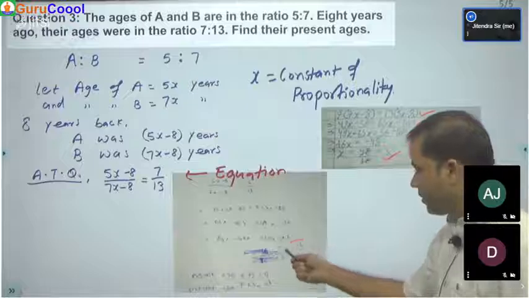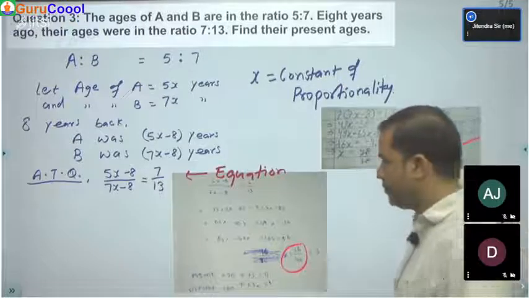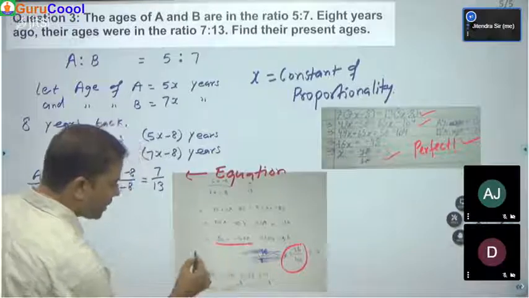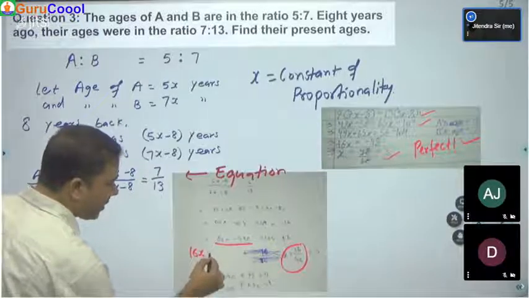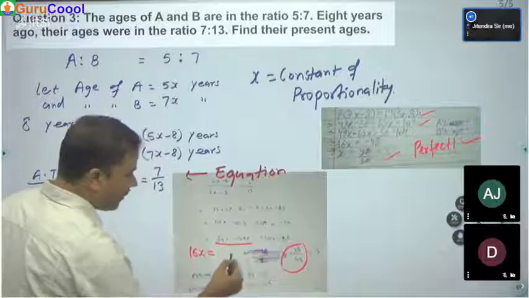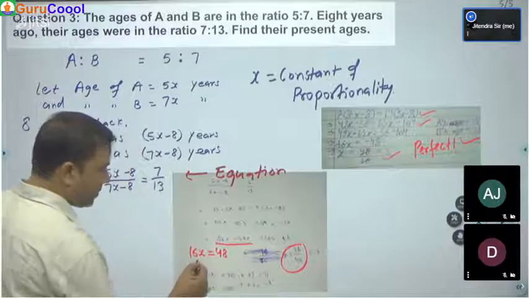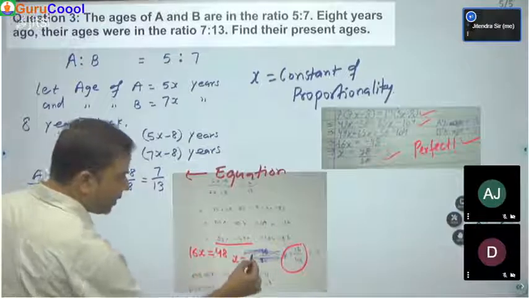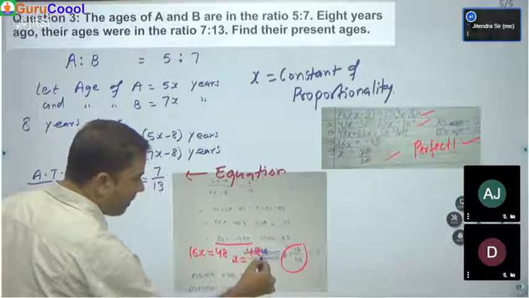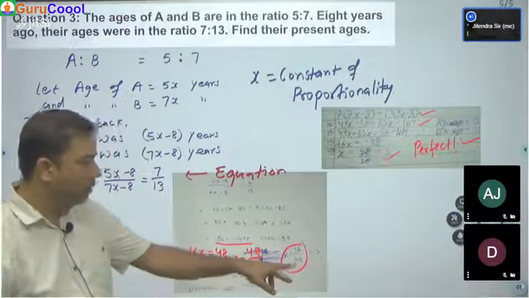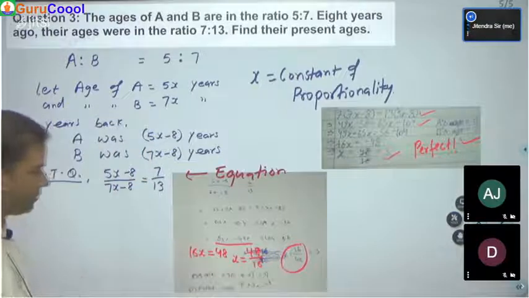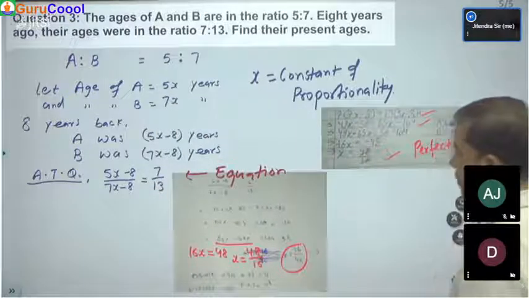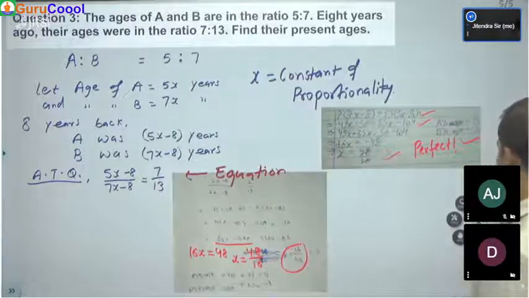David, your presentation is not correct here. You have not written after subtraction: 65x minus 49x is 16x, and 104 minus 56 is 48. You did not write it. And then you have to write x is equal to 48 by 16, but you have written 16 by 48. That is not very good. David, you need to be careful about that. Yes, sir.